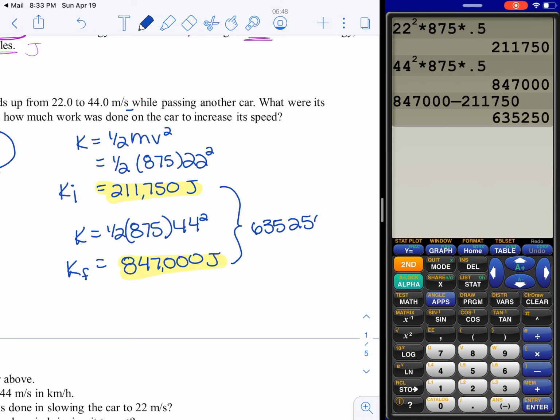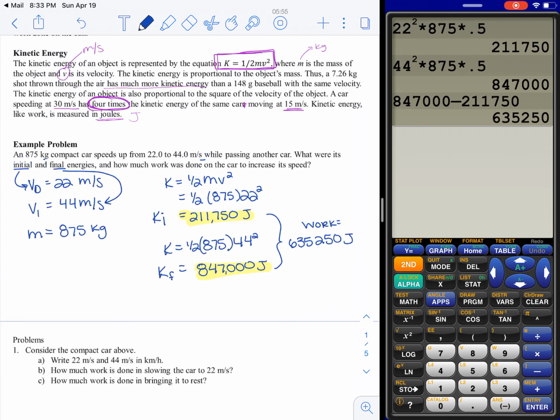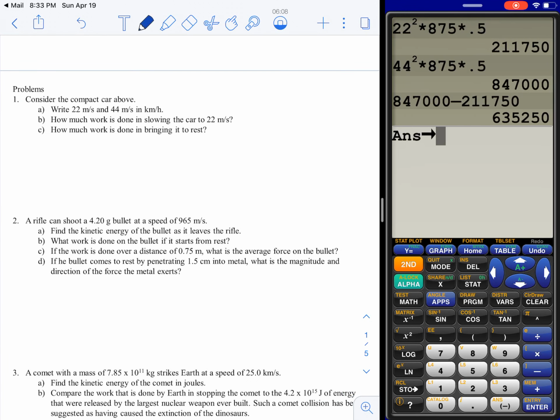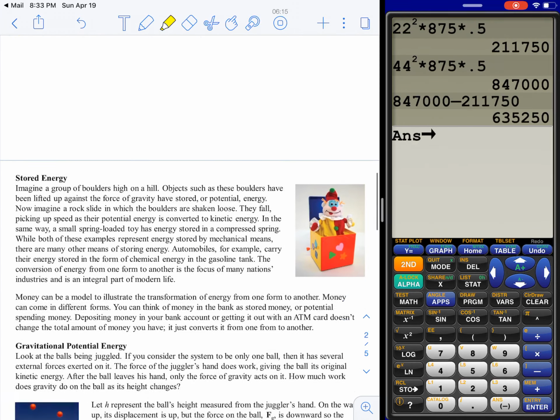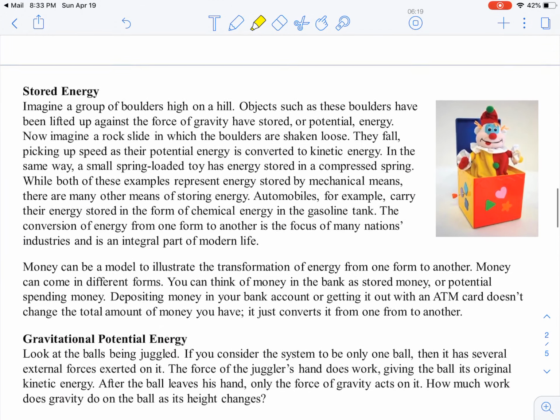So I subtract to find the work applied to the car, which is 635,250 joules. Okay, there are 3 problems for you to do on your own. And then we get to the next part, stored energy.